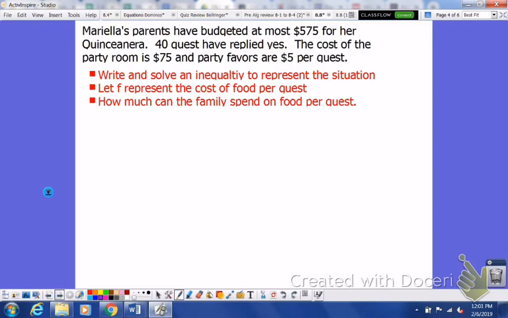Okay, so picking some things out. At most, that tells us less than or equal to 575. We have a one-time fee of $75. So whatever we're spending per guest plus 75.